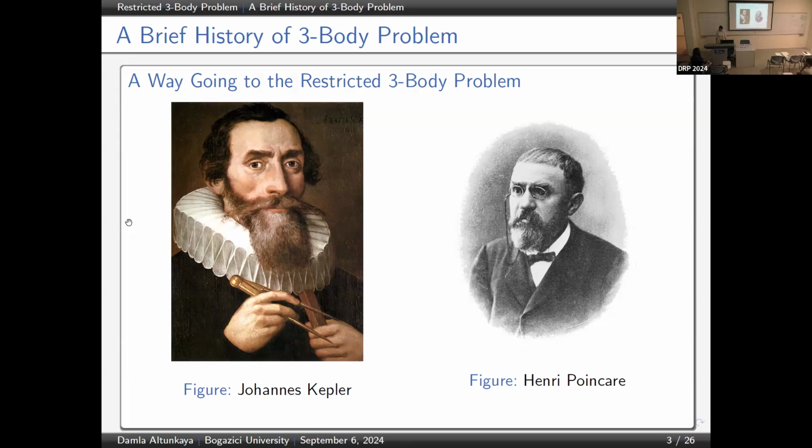And then people tended to ask, what if we increase the number of bodies? And the three-body problem arises. Poincare is a key figure of the three-body problem. He introduced the chaotic nature of the three-body problem and said that these problems cannot be solved precisely, as in Newtonian mechanics.